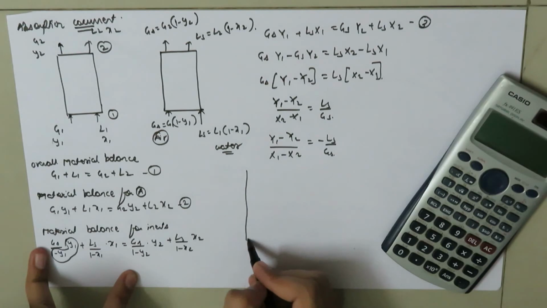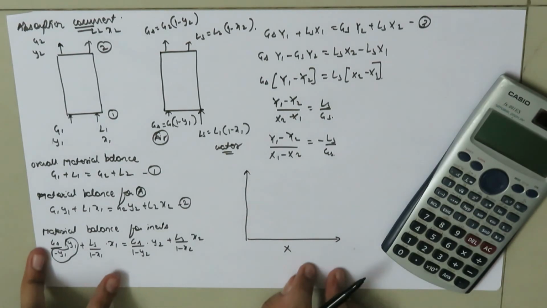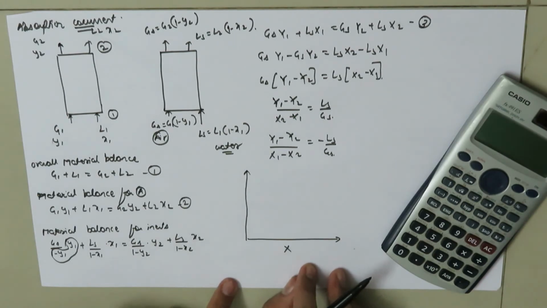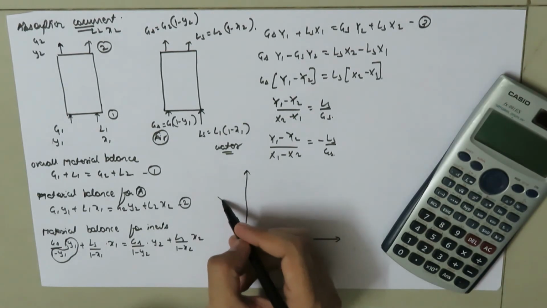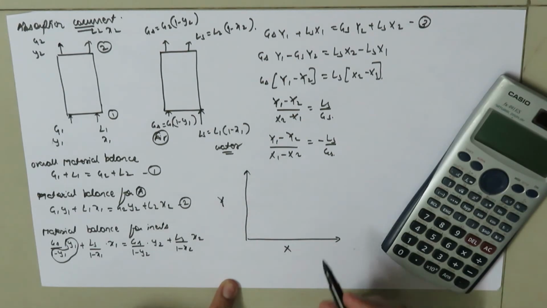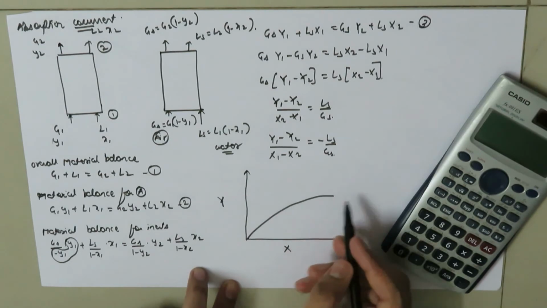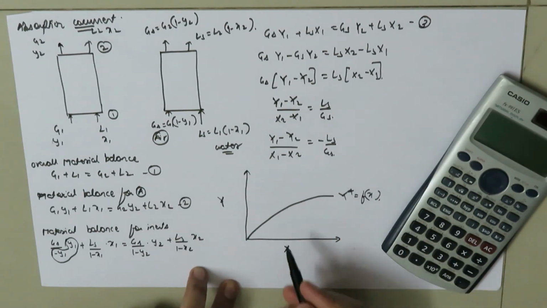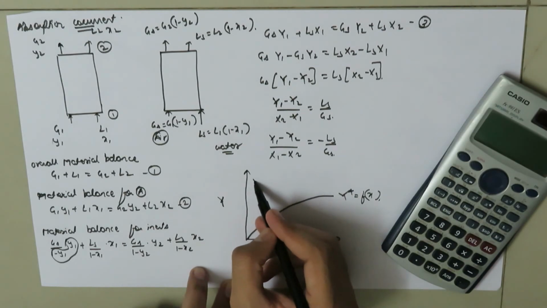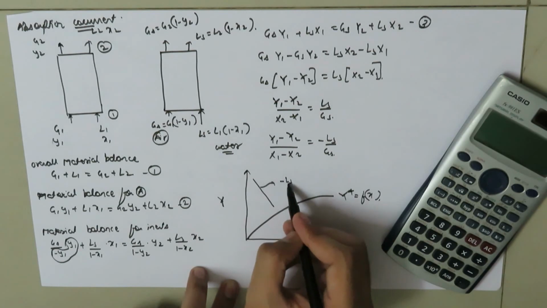So here if we draw the graph, we have the moles of solute per moles of solvent in liquid on one axis, and the moles of solute per moles of solvent in gas on the other. Suppose this is the equilibrium line, Y star as a function of x, and here we get the operating line with a negative slope, that is negative LS by GS.